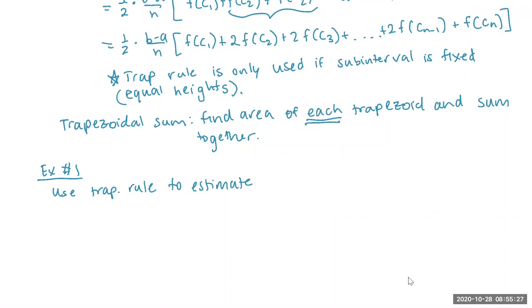I'm going to change the way the problem looks a little bit. I'm going to say use the trapezoidal rule to estimate an integral, the integral from 0 to 3 of x squared plus 1.